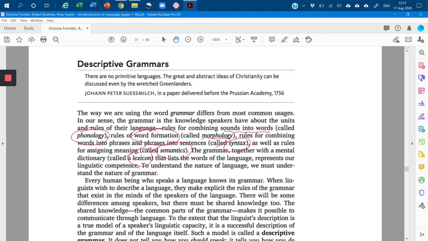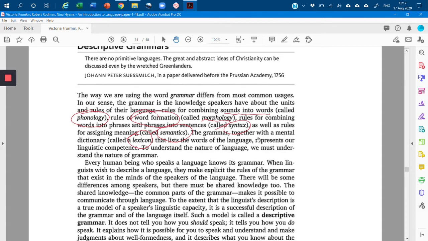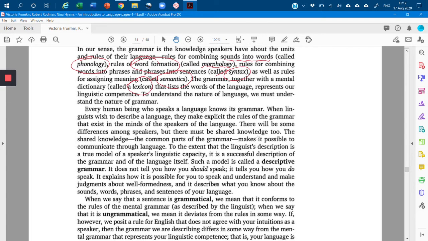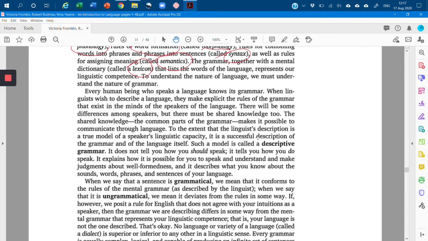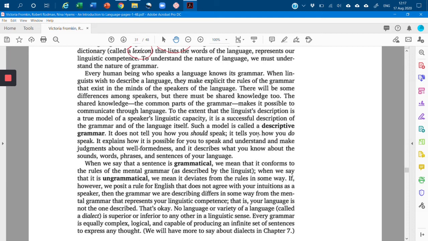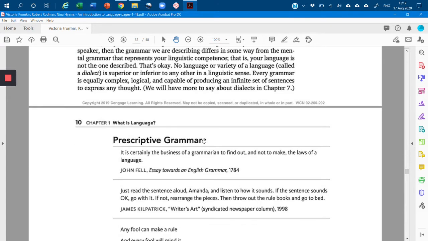Now, moving on, we're going to see two kinds of grammar, right? Descriptive grammar and something called prescriptive grammar, which we'll cover later.